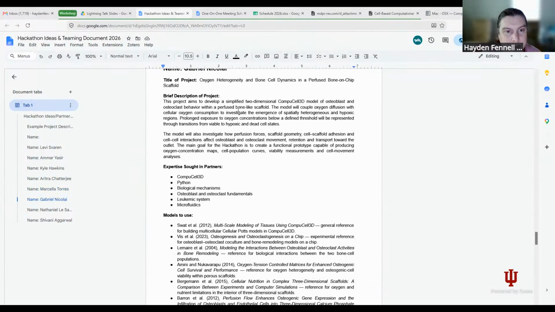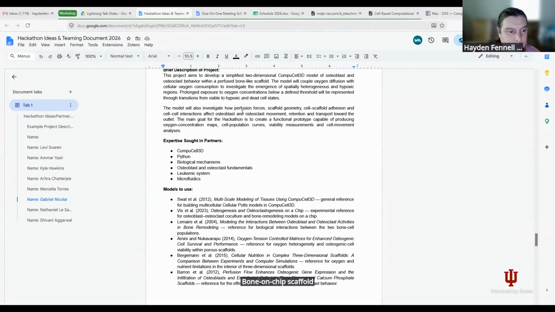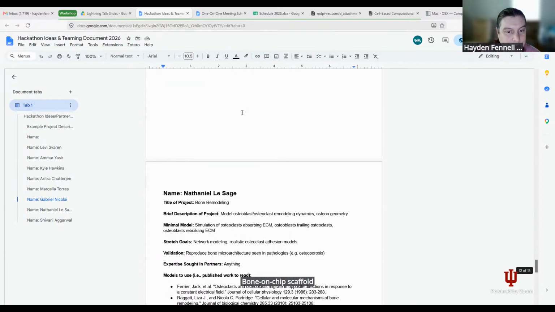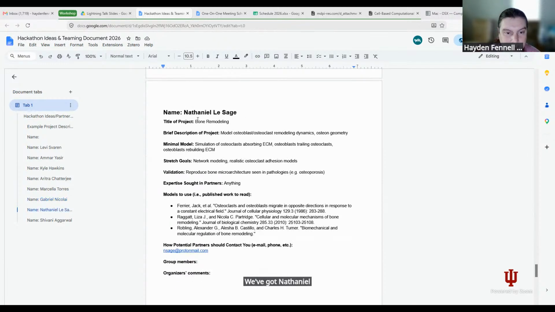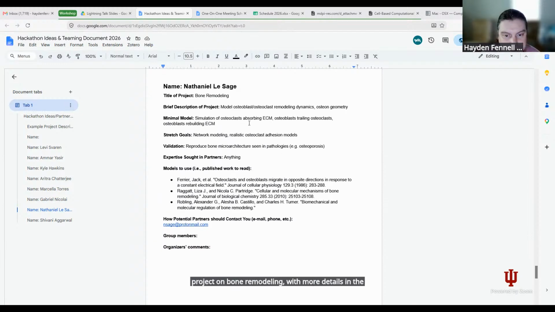Gabriel Nicolai, project is Oxygen Heterogeneity and Bone Cell Dynamics in a Perfused Bone-on-Chip Scaffold. We've got Nathaniel Lesage, project on bone remodeling, with more details in the document here, as well as the slides.